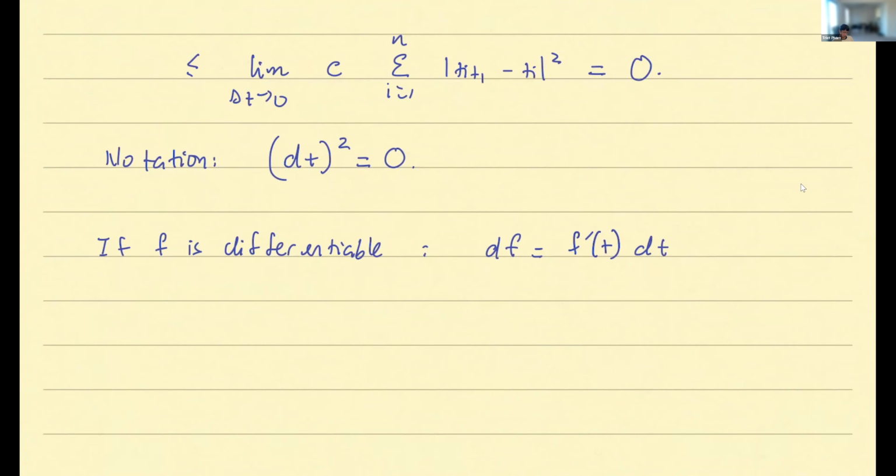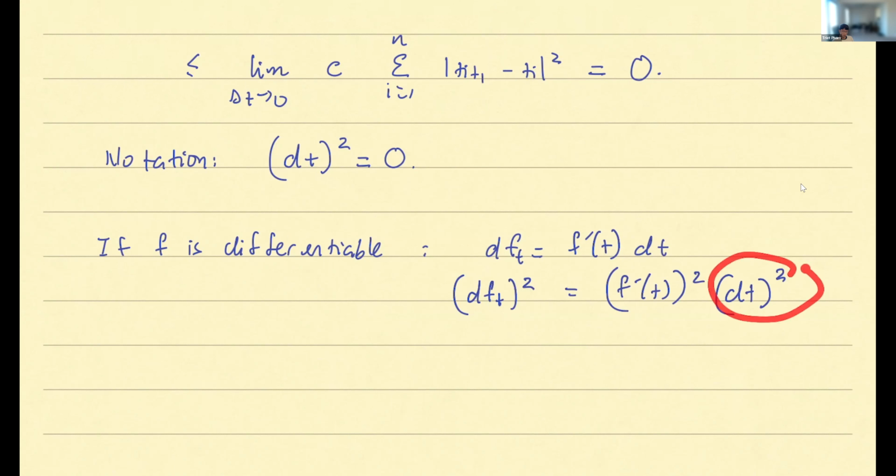So (df(t)) squared will be f prime of t squared dt squared.